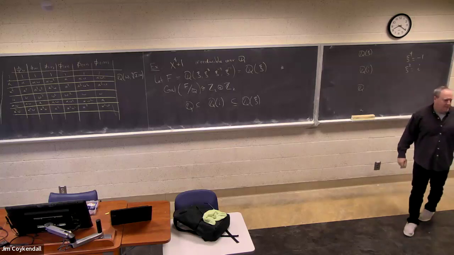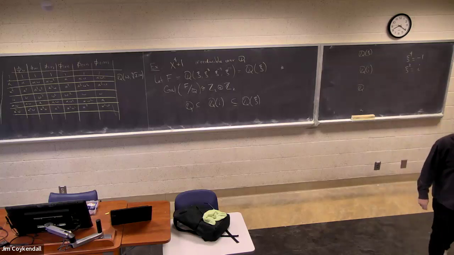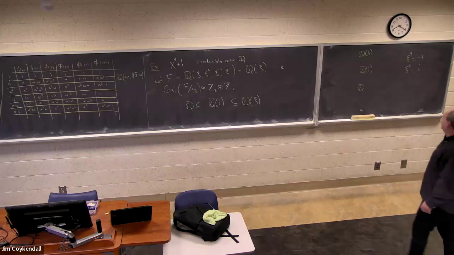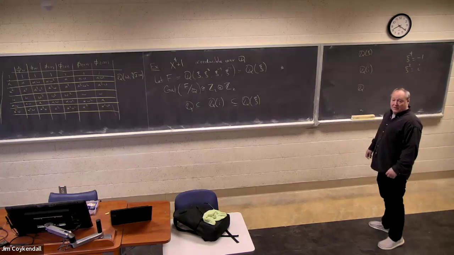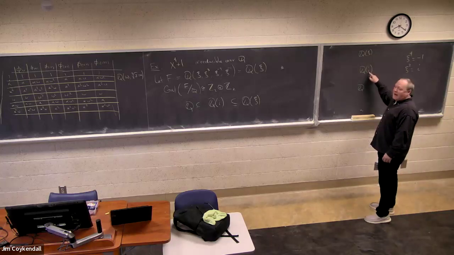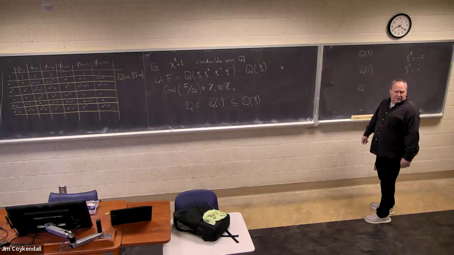There are 2 more intermediate fields. And how did I know there were two? Q with minus i is not the same thing as Q with i. Actually, Q(-i) is the same, because if you've got i in the field, then you have to have minus i as well.